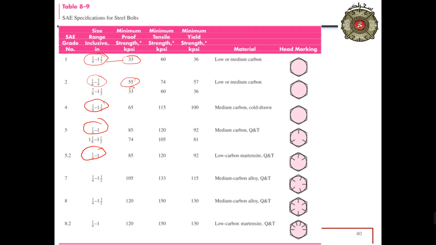So either you know the minimum strength that you require for your specific bolt and you can use a grade of material, or vice versa, you can start from here, select a bolt, and then check if this bolt is sufficient to hold the load that you are applying.